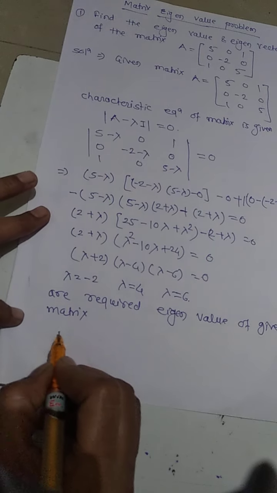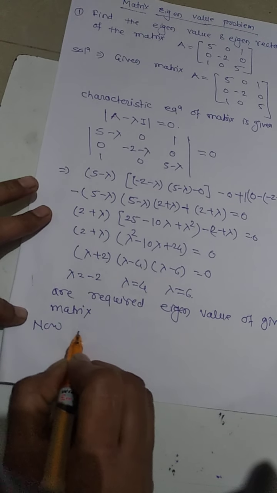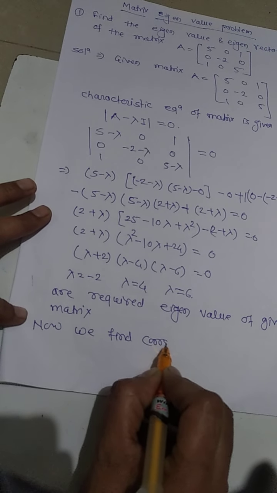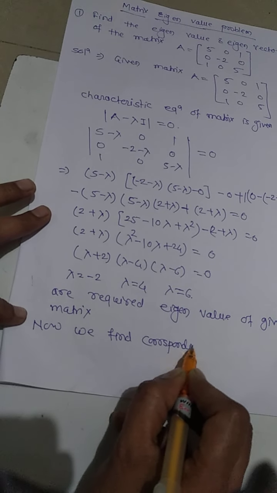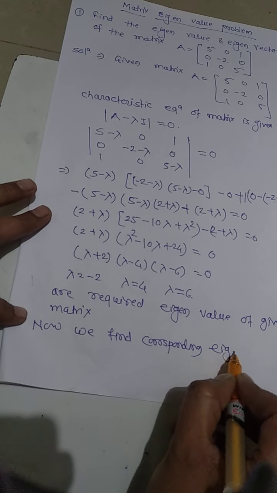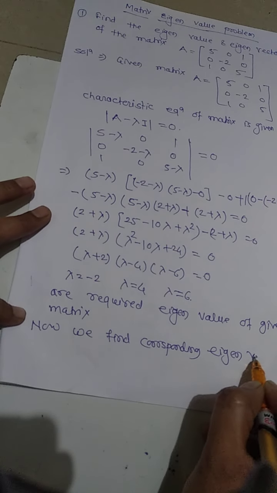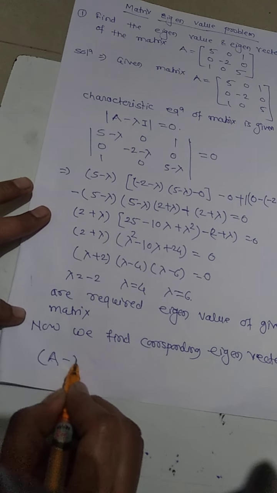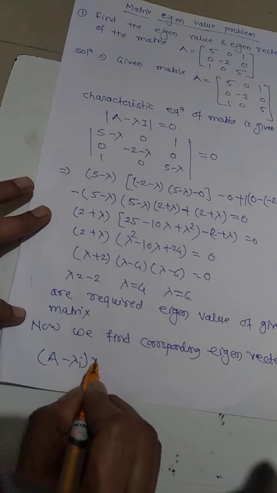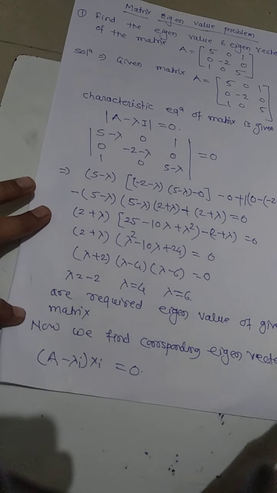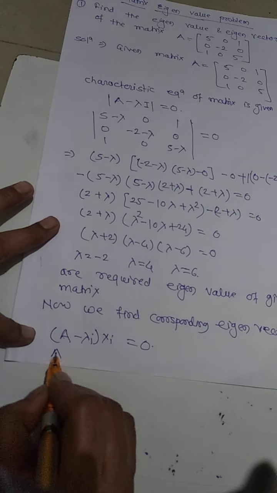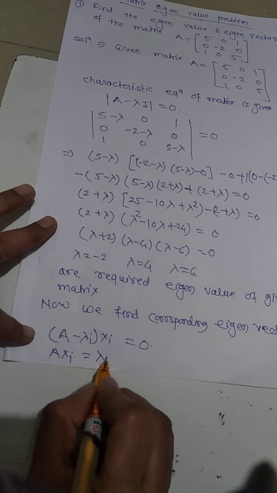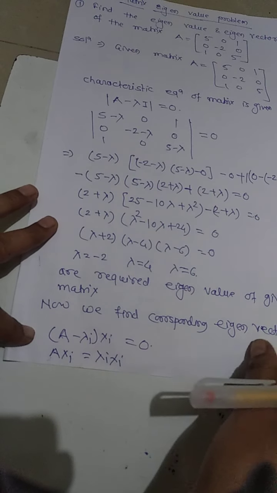Now we find the corresponding eigenvectors by using the equation (A minus lambda I) into Xi is equal to 0, meaning A into Xi is equal to lambda I into Xi.